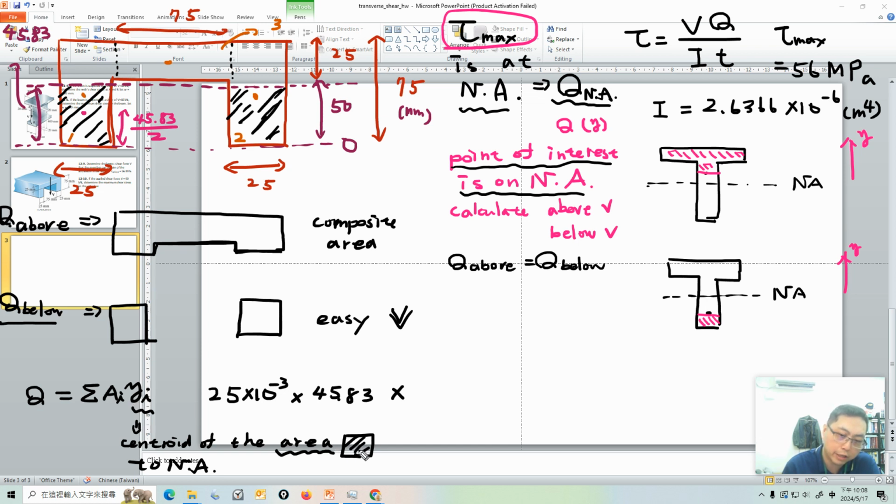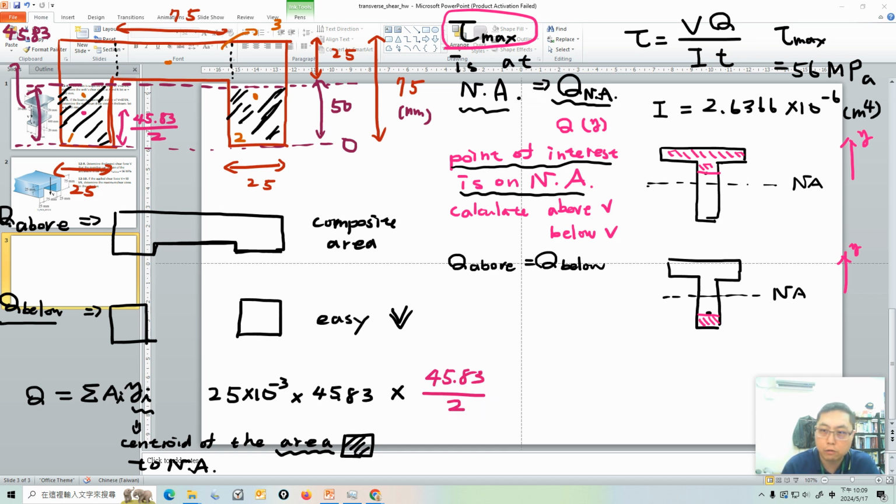In this problem, it's the centroid of the shaded area to your neutral axis. So here is 45.83, so this must also be 45.83 divided by 2.